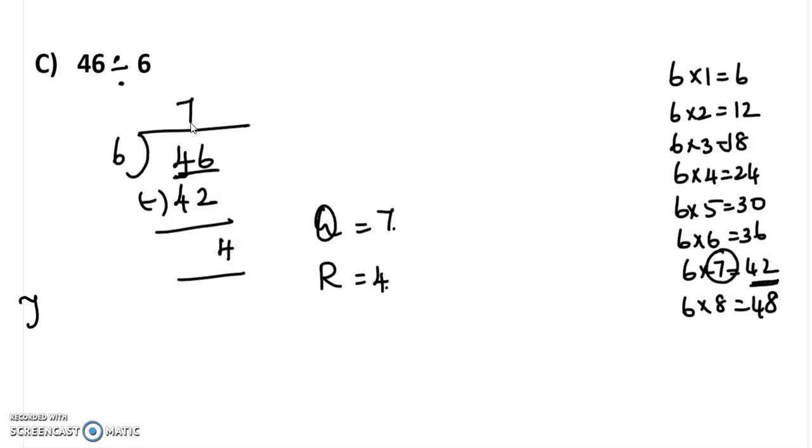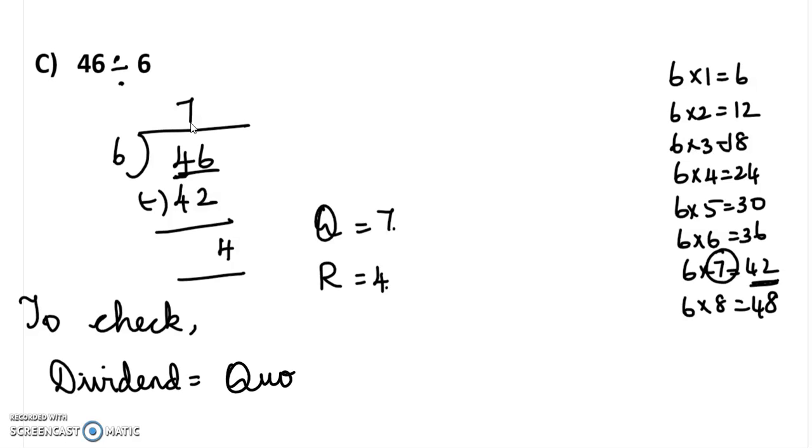So to check, what is the formula to check? Dividend equal to quotient into divisor plus remainder.